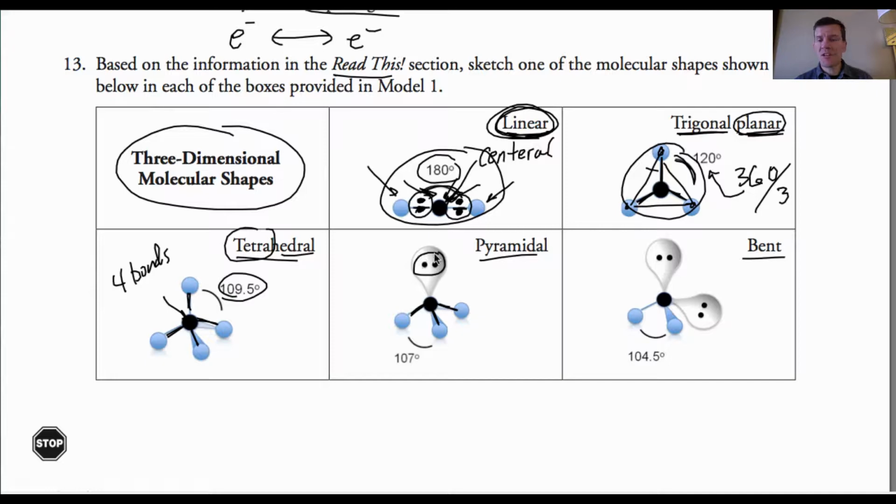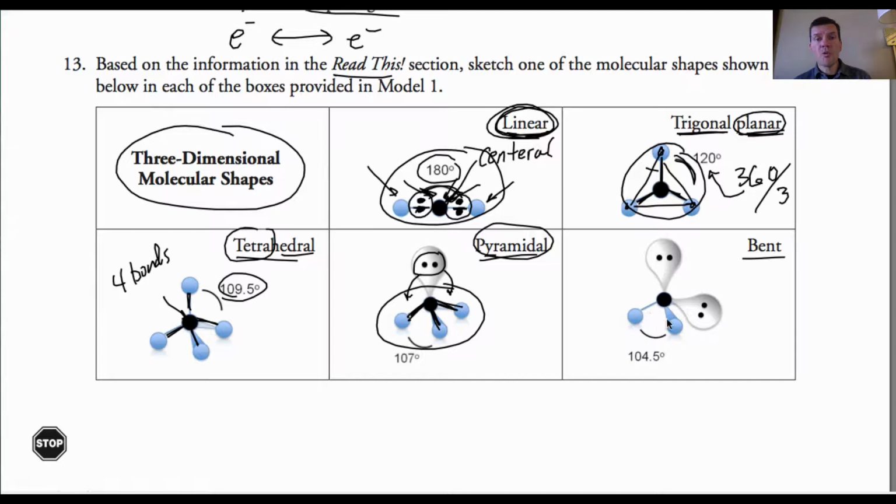This lone pair up here is not contributing, if you will, to the shape of it. It is pushing these other electron domains down. All right, it's taking up space. In fact, it takes up more space than a bonded region, but it's not part of the structure. There's no atom up here with this lone pair. So this has 4 regions, but only 3 pairs. It's going to have a different shape.